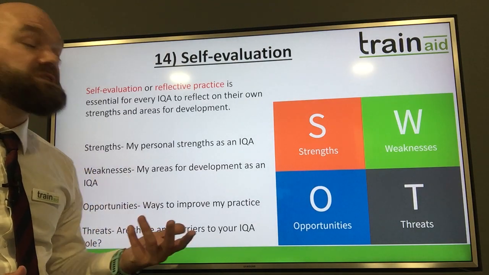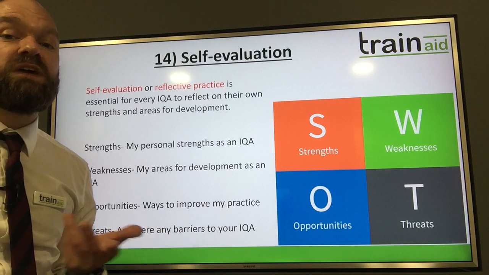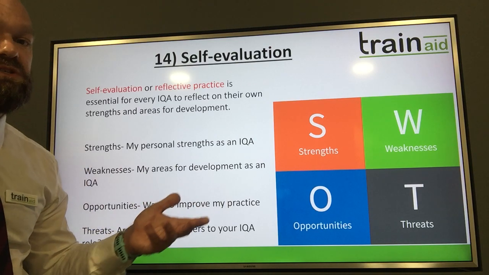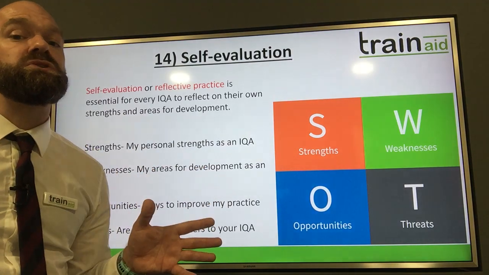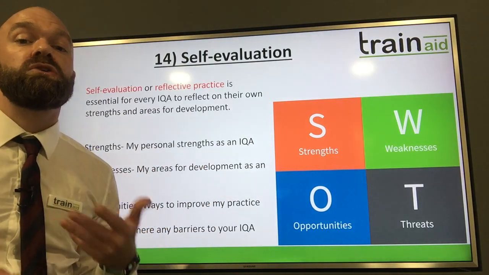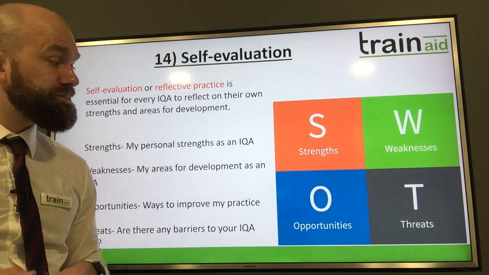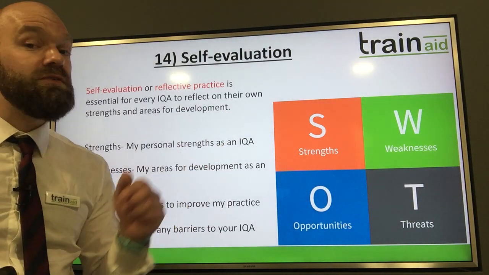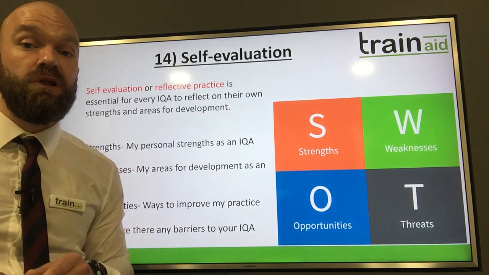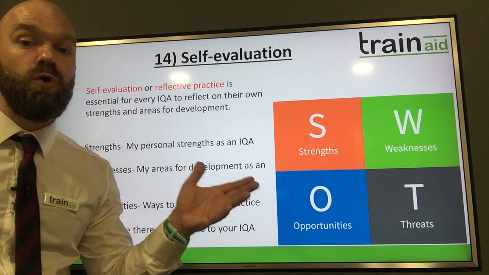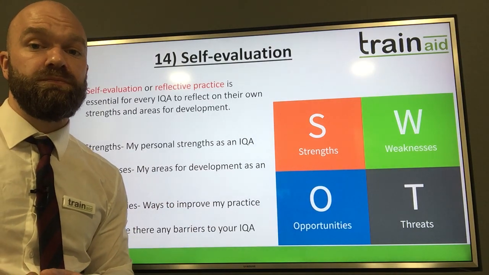You could also put in your opportunities for you to develop your IQA role and also threats as well. So any potential barriers to your IQA role, and you could think about how to overcome these as well. The self-evaluation just needs to be one page long, and do feel free to use these questions and format provided.